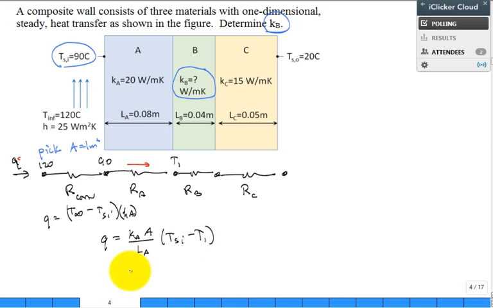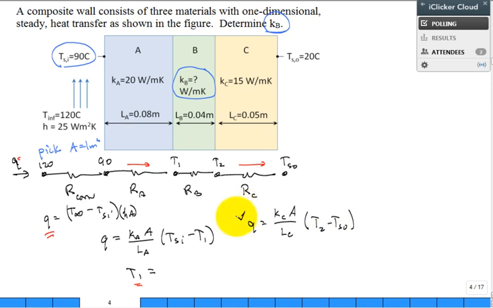I can calculate T1. So it's like, okay, calculate Q, then calculate T1. Then focus on this resistor in order to calculate T2. Okay, so then Q is equal to K of C, A divided by L sub C, times T2 minus TSO.